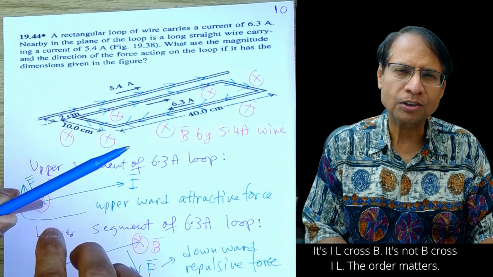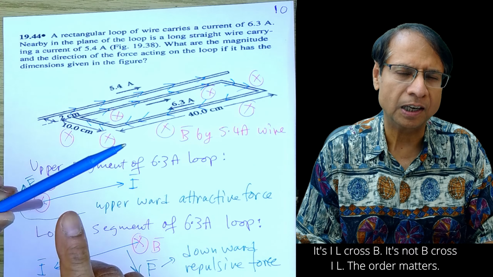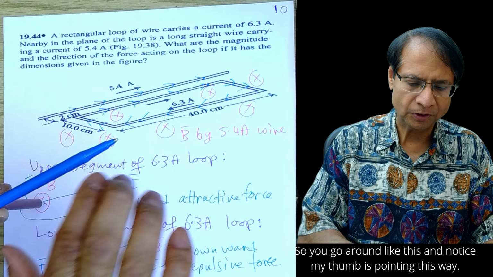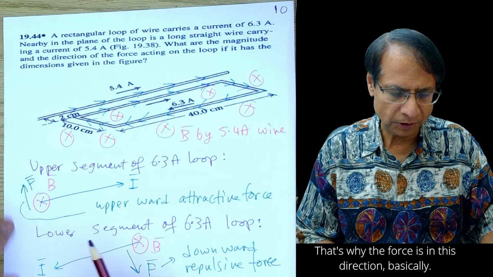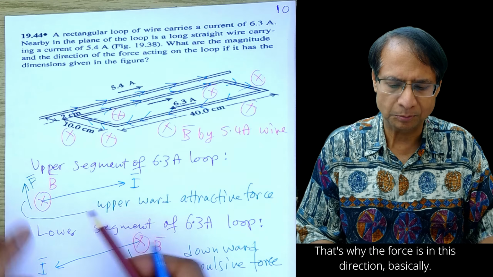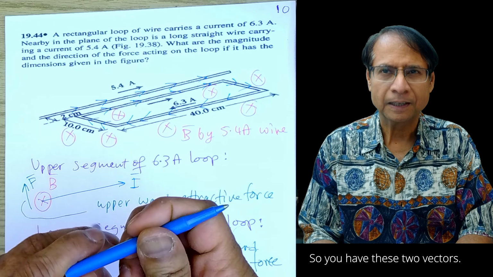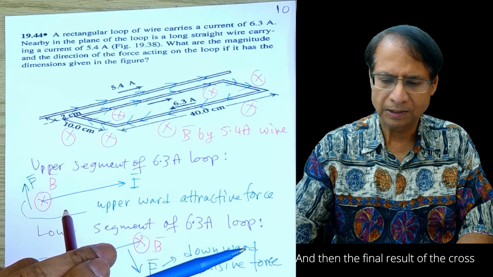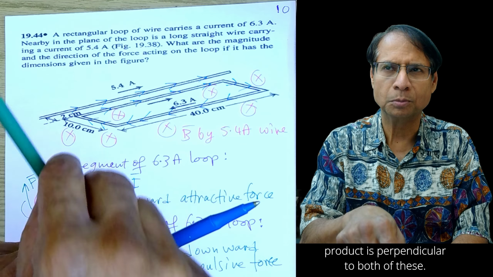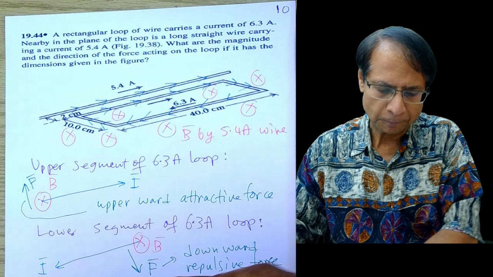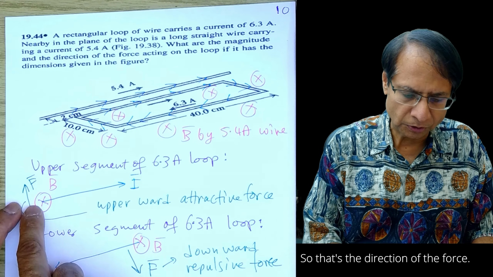It's IL cross B. It's not B cross IL. The order matters. So you go around like this, and notice my thumb is pointing this way. And that's why the force is in this direction. You have these two vectors, and the final result of the cross product is perpendicular to both of these. So that's the direction of the force.